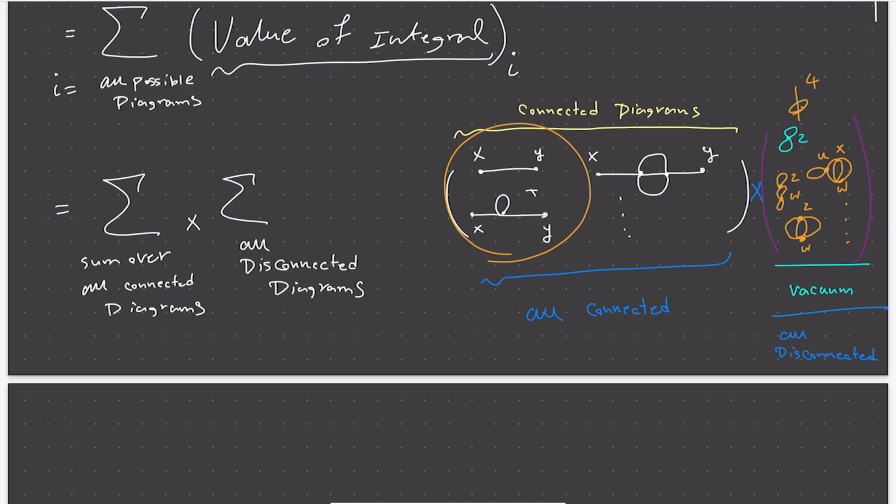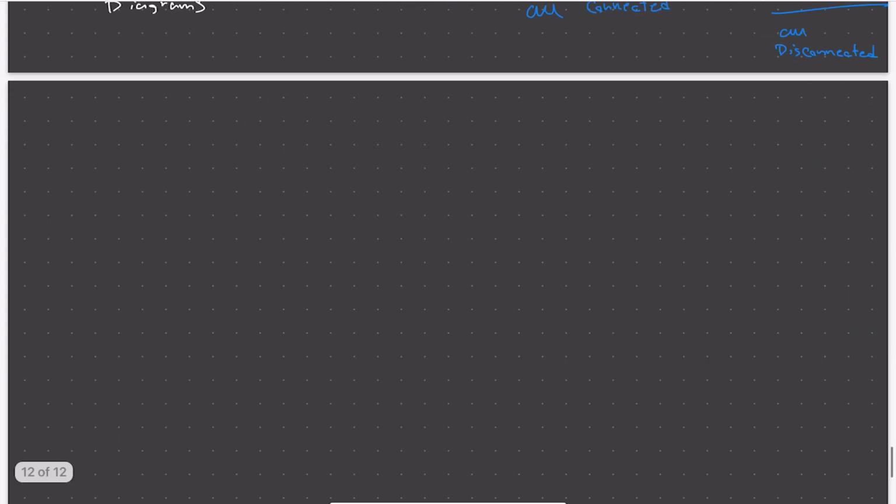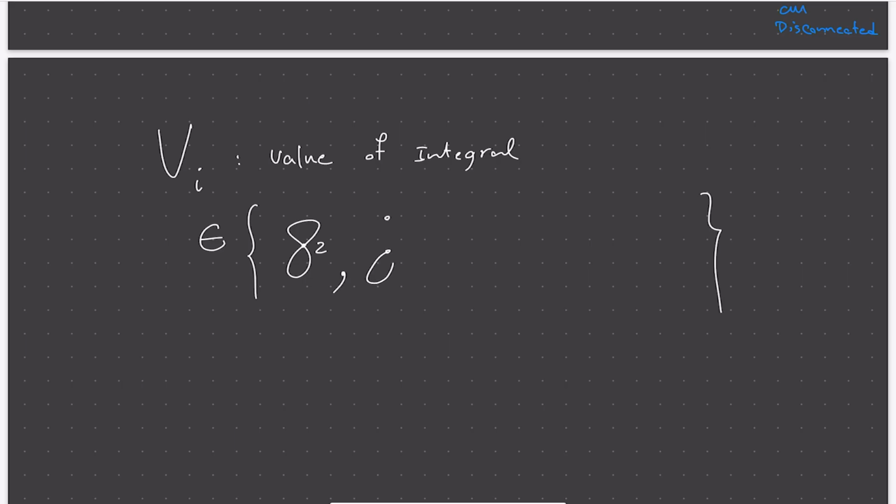Because these two are independent from each other, you have all connected, and then you have all disconnected. Now, let me invent a notation. I would say V_i is the value of the integral that belongs to each of these forms of bubble. Imagine this is the first form. Then you might have 2 points here, and 2 points here. You might still have 2 points, but a different form of connection.